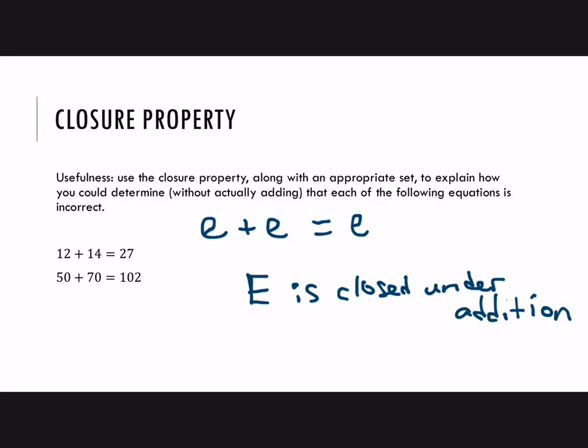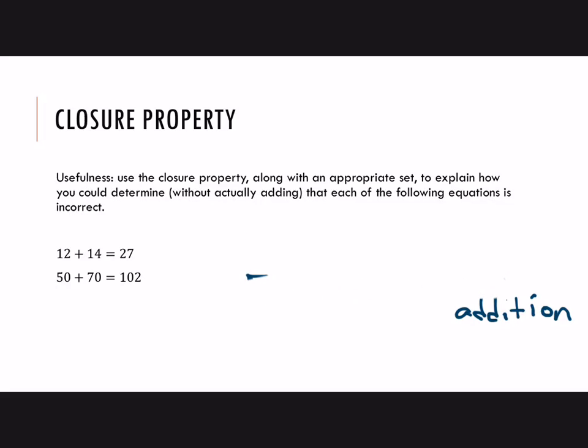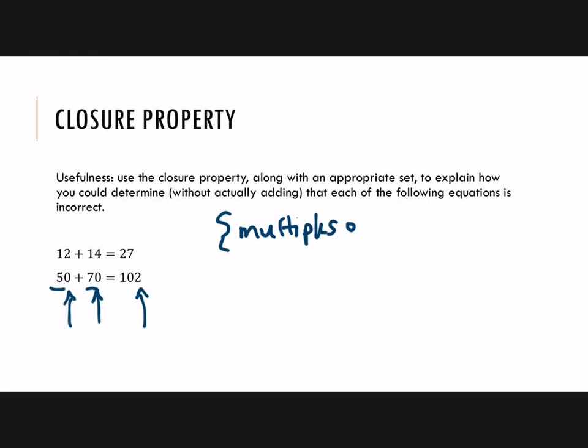All right, how about 50 plus 70? Well, what type of answer were you expecting to see? If you notice, these both end in zeros, and you may remember that your answer should also end in a 0. So what we just need to do is describe what set 50 and 70 belong to. Well, these are multiples of 10, that's why they end in 0. So we can say that the set of multiples of 10 is closed under addition.